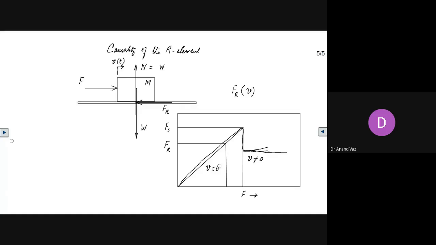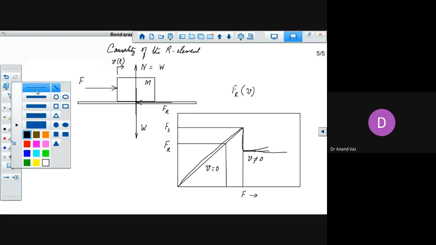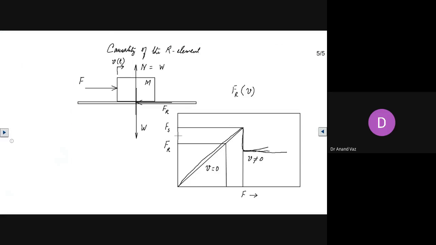It depends upon the applied force in the static region, but thereafter at this level you are unable to determine what should be the force to be considered. The moment you are in this region, two values are possible.